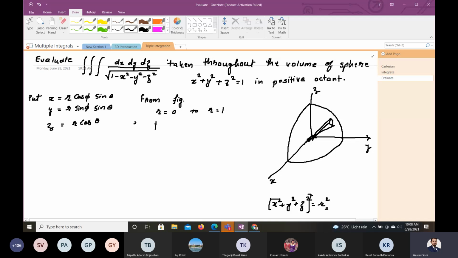What about phi? What is the significance of phi? If you see and try to understand it, you will be able to give the limits for phi.